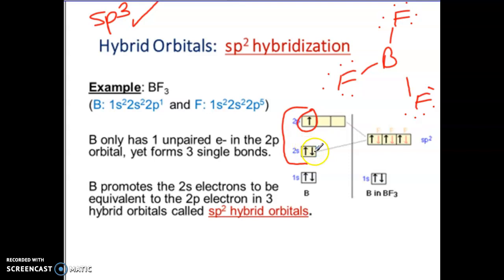So instead of having 2 in the S and 1 in the P, it makes 3 half-filled orbitals. So now those 3 half-filled orbitals are able to make sigma bonds with those fluorine. So we have 3 times sp2 that are created.